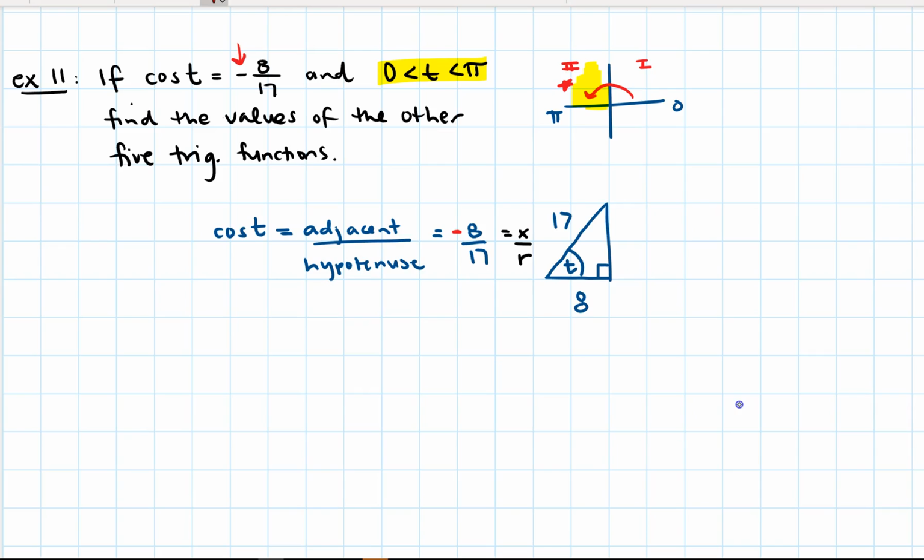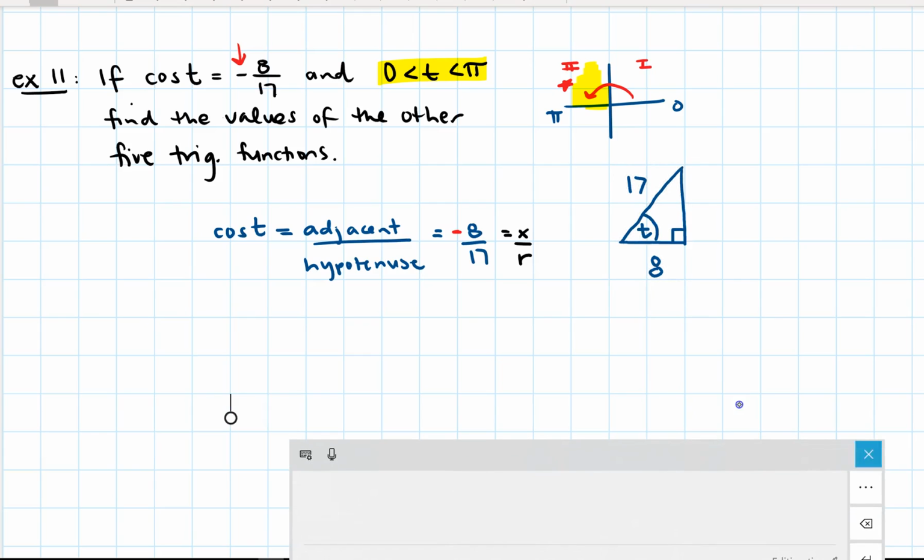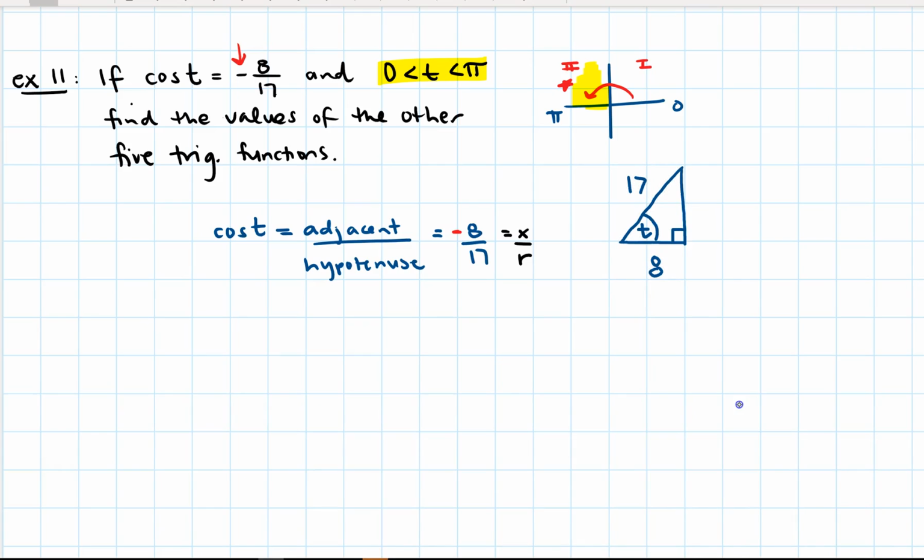Okay, now having said this, I'm going to take this triangle and move it away so I can talk about it a little bit more. If we know what cosine of t is, we can use the fact that we have a right triangle with a leg that's 8 and a hypotenuse that's 17, and we can use the Pythagorean theorem to help us figure out what that other side is.